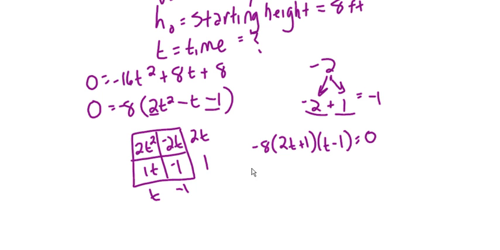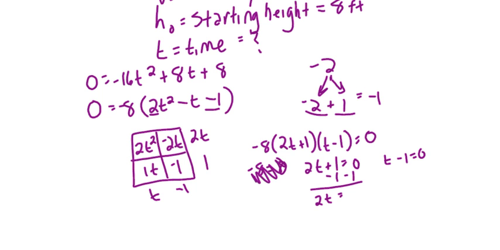Now I set my factors equal to 0. Negative 8 equals 0, I can't solve that, and that's not a true statement, so that goes away. This one I minus 1 and divide by 2. So I get negative 1/2.